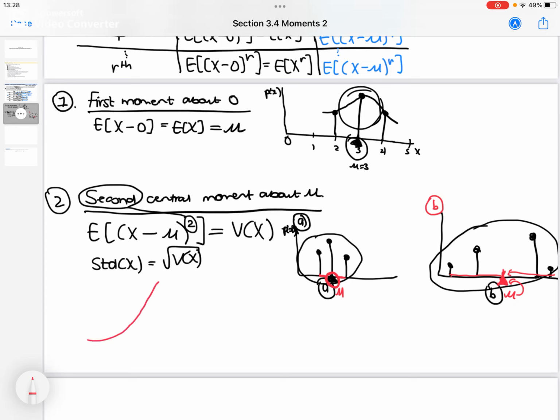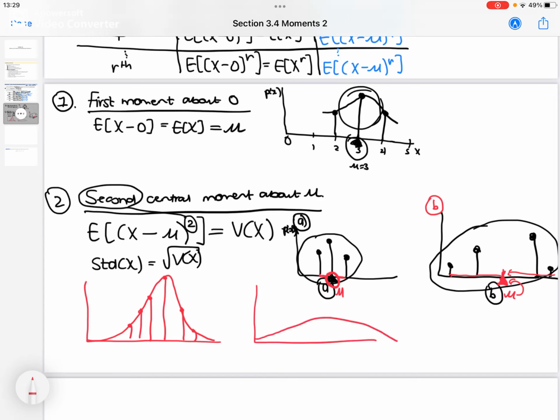So if your probability distribution looks like that, then it means that your possible values are closer to the expected value. All right, they're not too spread out. While if we have a line graph or probability distribution that is curved like in that way, then it means that we have more dispersion, or the possible values are a bit far away from the expected value.